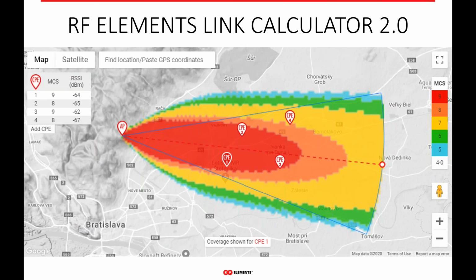If you're wondering how to figure out the down tilt you need to use to leverage this feature, we have a really nice link calculator on our website that helps you not only visualize the MCS zones in color like you've seen in this presentation, but in real time it allows you to plot your customers out there, pick the particular antenna from us that you want to use, and then start adjusting the down tilt and seeing the MCS rates and the coverage areas for those different MCS rates change as you go.